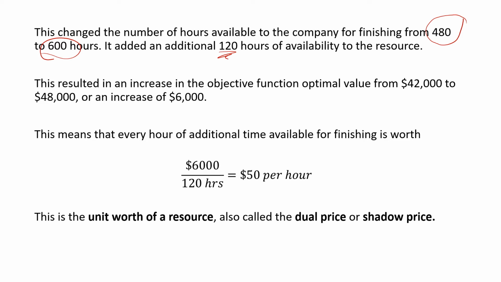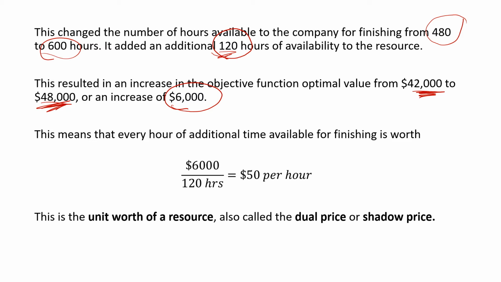So when we did this, we saw that the objective function value changed from $42,000 that we had originally to $48,000. So our profit has gone up by $6,000. So think about the relation here. We are able to make an extra $6,000 with 120 hours of extra resource.